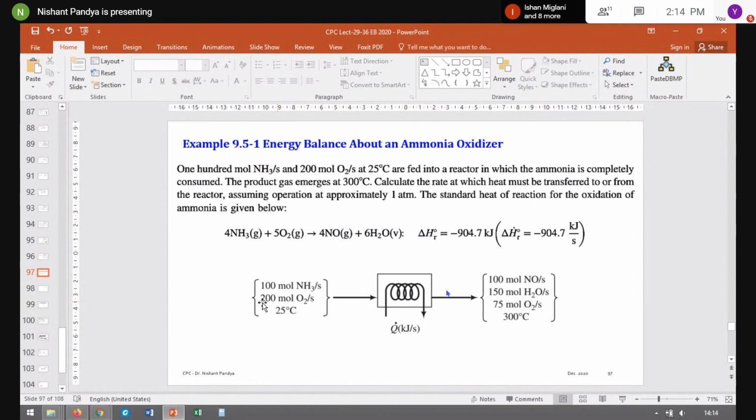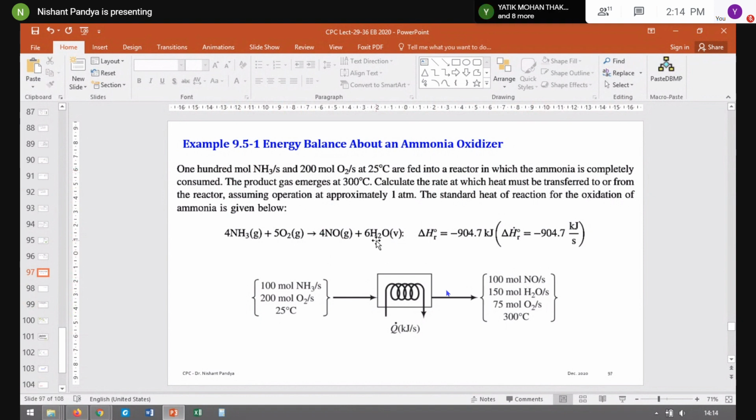So in this case, see, 100 mole of ammonia reacts and 200 mole of O2 comes in. So material balance is done already. So here you can see that 4 mole of NH3 react, you get 4 mole of NO. So 100 mole NH3 reacts, you get 100 mole of NO. So this is the correct calculation, NH3 is completely consumed, 100% conversion.